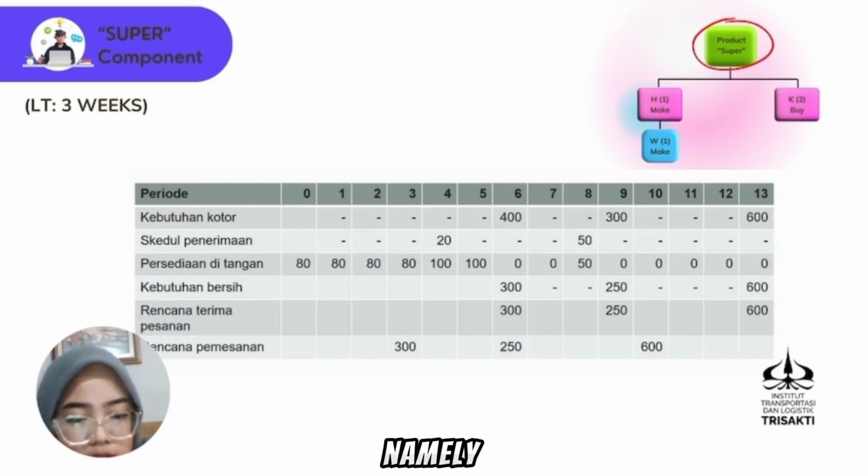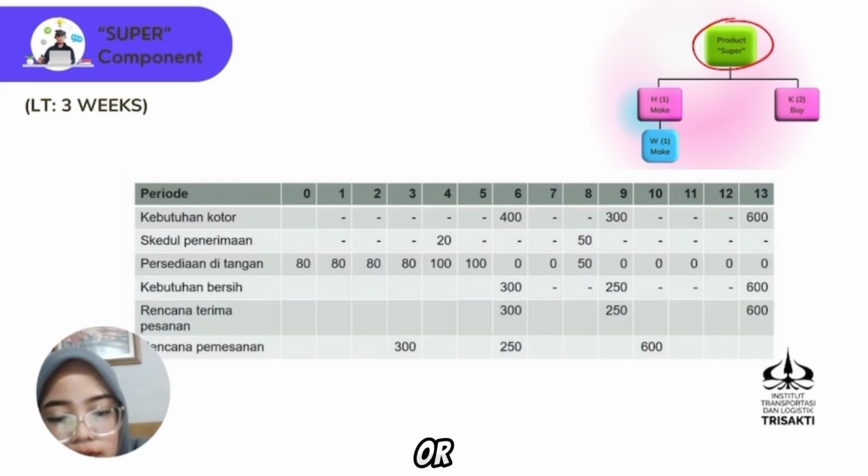Receipt schedule, namely the time when the goods will be received or arrive, can be known from the problem. Calculation can be started from the first period. Inventory on hand in the problem is 80.